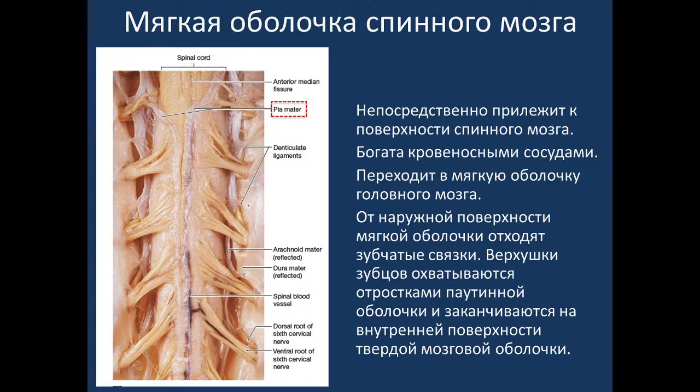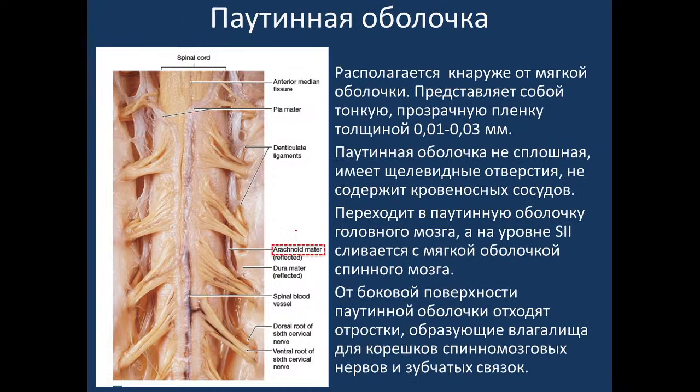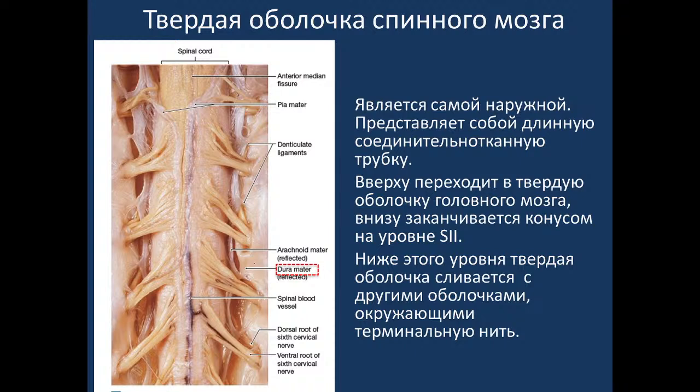And this is a native specimen. You see the small pia mater here, and then the arachnoid mater here, and the dura mater is the rigid and strong covering here.